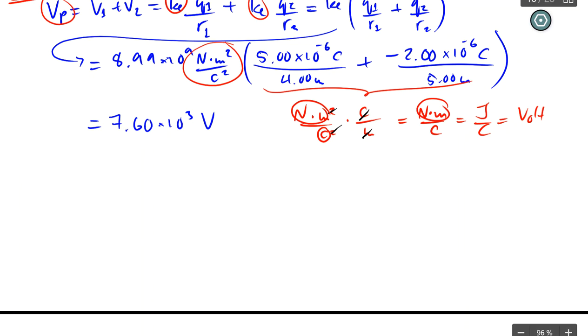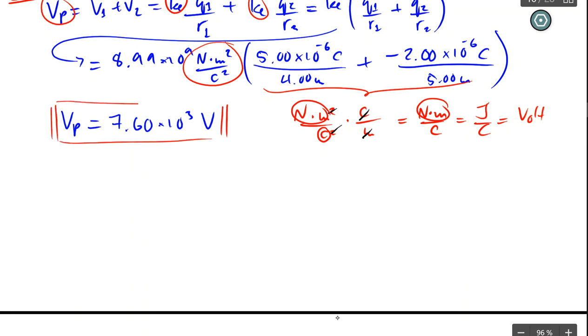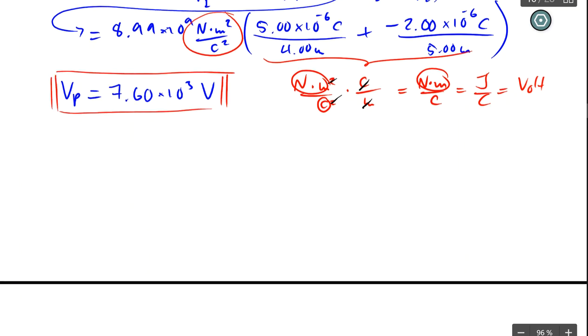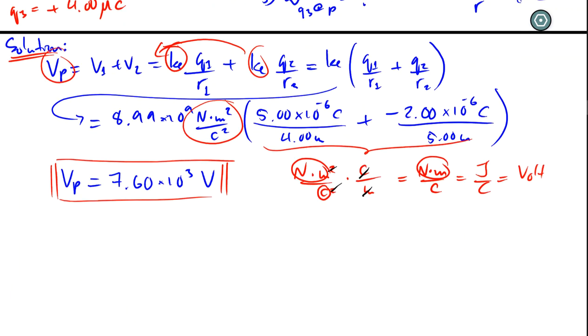So we end up with 7.60 times 10 to the 3 volts. That's 7,600 volts. Okay, that's pretty high. This is the potential at point P, and that is our first answer. This is A.